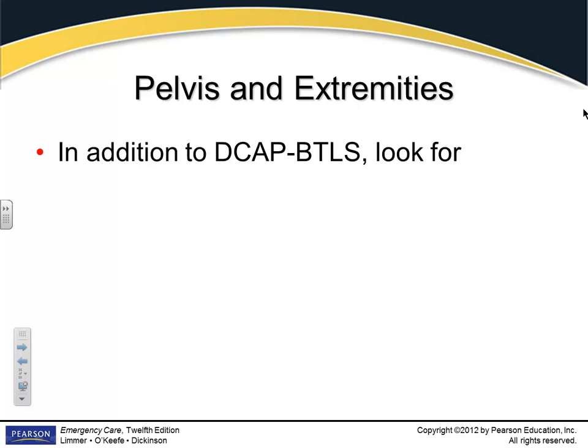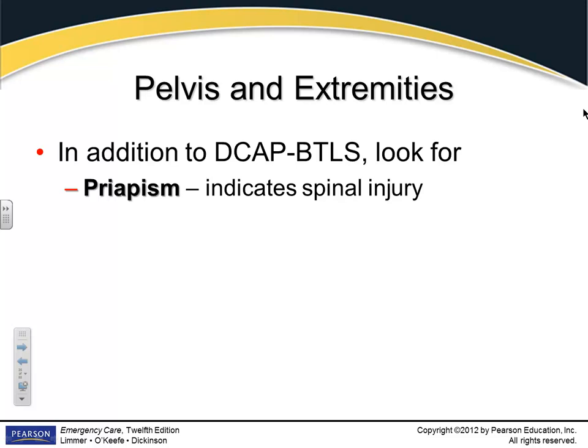The pelvis and the extremities, still look for DCAP BTLS. Priapism. Did y'all read about that in your book yet? Priapism indicates a serious spinal injury. It occurs when a male has a spinal injury usually around T6, thoracic 6, and it causes the penis to get very hard due to a lot of blood flowing there.